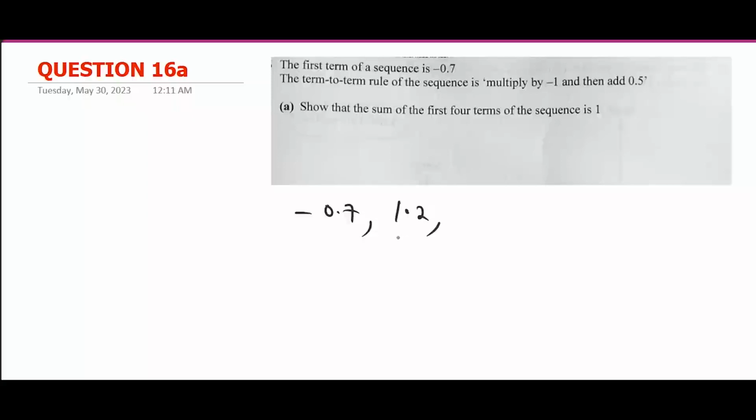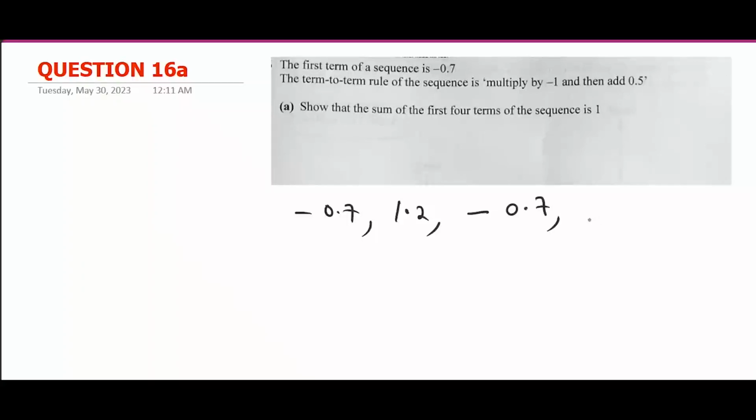So the next term will be minus 1.2 times minus 1, then add 0.5. So that one will give us negative 0.7. The fourth one will be minus 0.7 times minus 1, then plus 0.5.